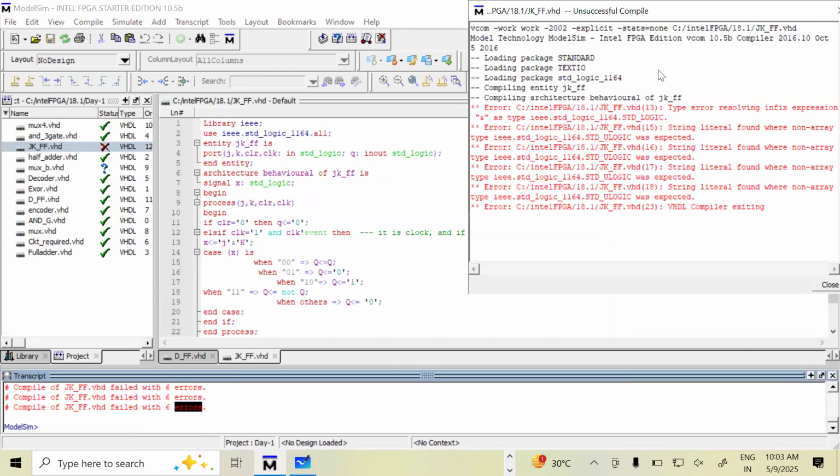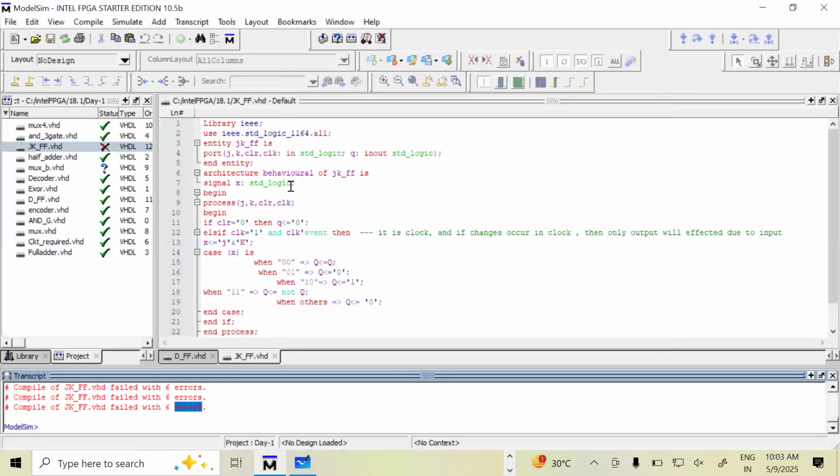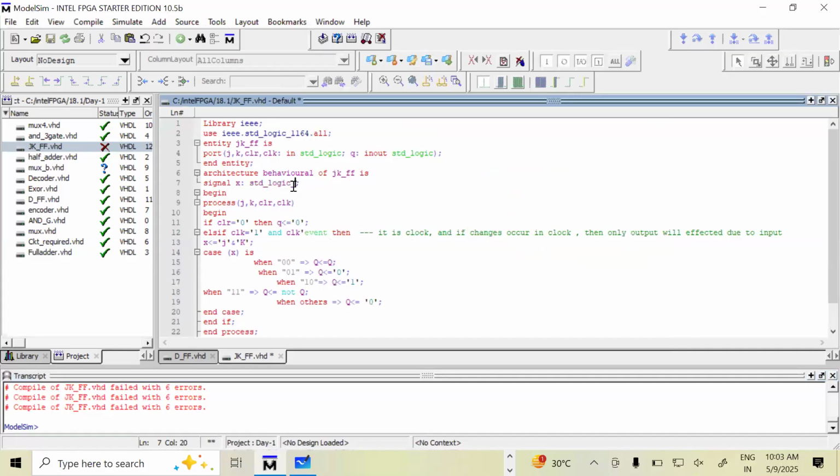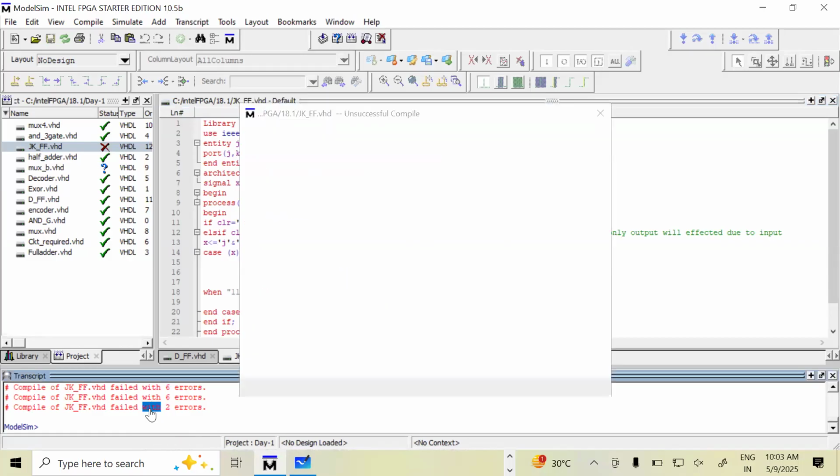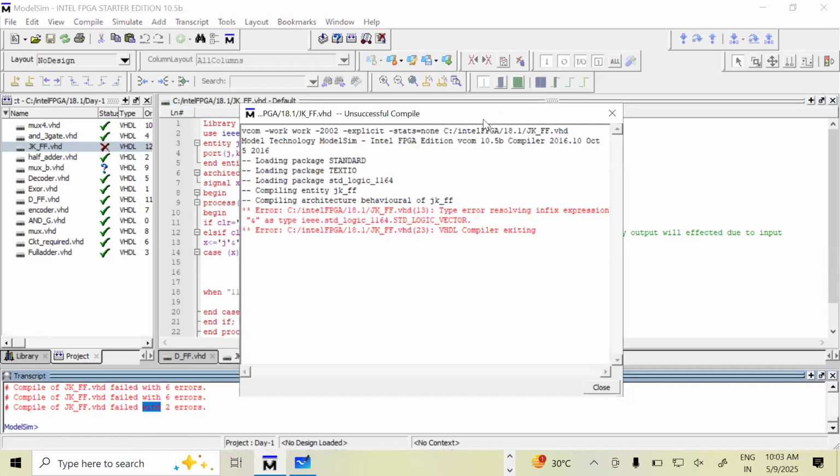Okay, X is of 2 bits. You have to use std logic underscore vector, 1 down to 0. Let us see what it is saying now. It's only two errors now. Now the two errors are this and this.